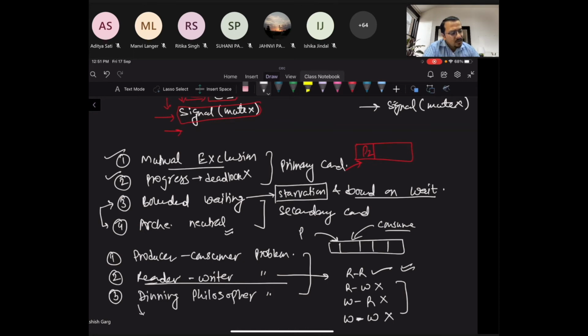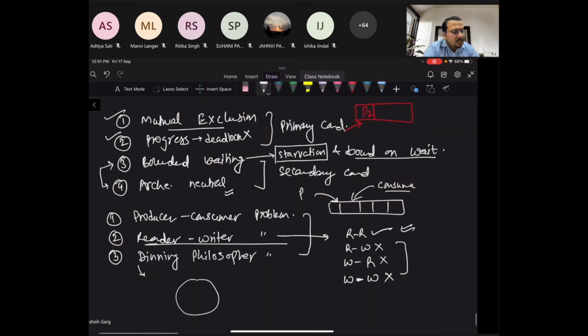And dining philosopher is simple. We have a dining table with, let's say, 5 philosophers and 5 chopsticks available. For a philosopher to eat, he needs both chopsticks. If both chopsticks are not available to the philosopher, he will not be able to eat.